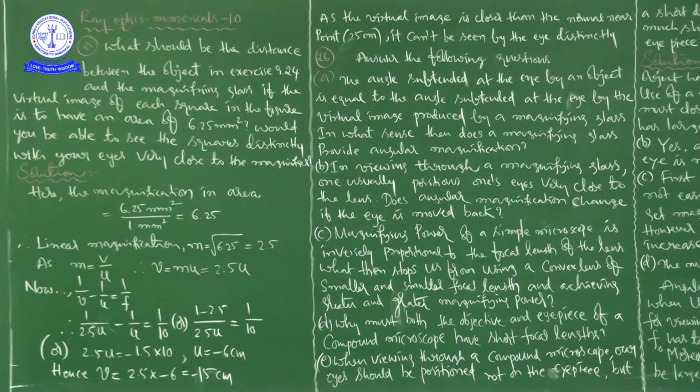As it is not possible to see distinctly, the reason is the virtual image is closer than the normal near point, that is 25 centimeters, so it cannot be seen by the eye distinctly, right?